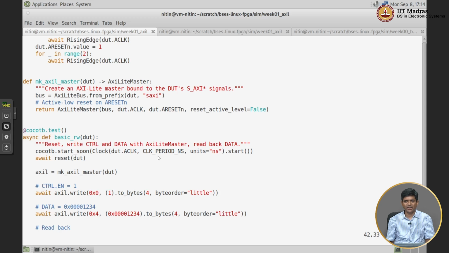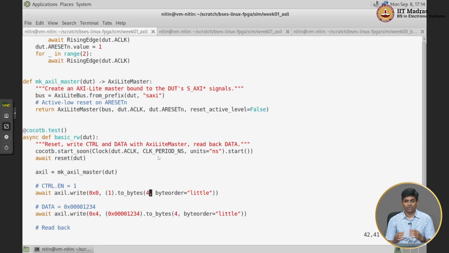This is basically a Python function which takes a number and converts it into an array of bytes, and it also says to use the little endian byte ordering. Now that is the default, so this was not strictly speaking required, but it is interesting to know that you can switch byte orderings and work with different buses if you need to in this Cocotb.